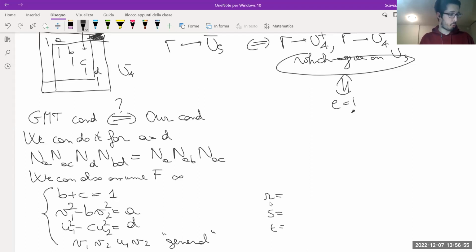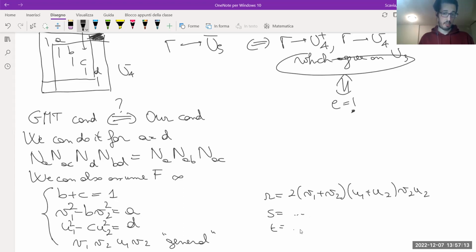Then using this, we can define some scalars, R, S, and T. Just to show that they're not that complicated, I will write down one. The precise form doesn't matter. For example, R is 2 v1 plus v2, u1 plus u2, and then v2, u2.